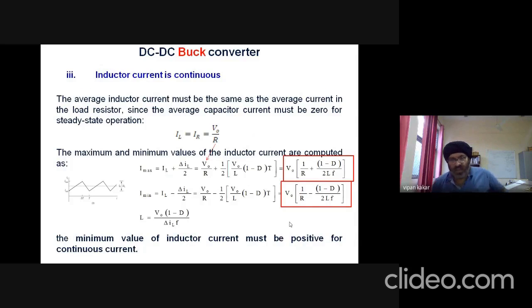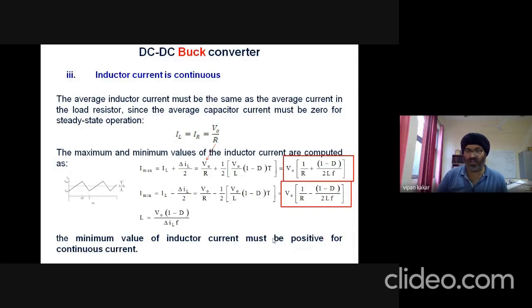Now, further analysis we have to do for further calculations. Again, we have assumed that this current is continuous. We also know that the average inductor current must be the same as the average current in the load resistor, because both are in series, and in series the current must be the same.